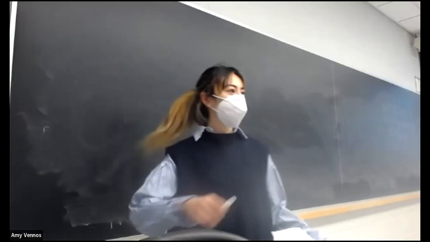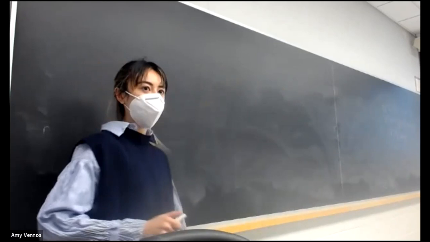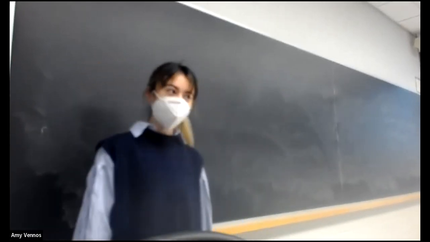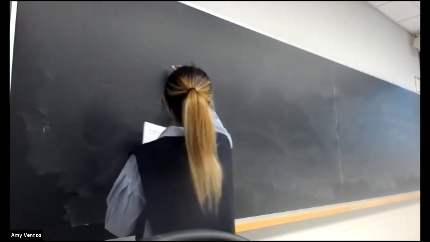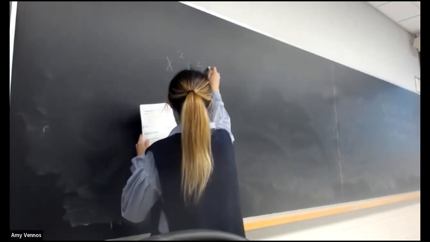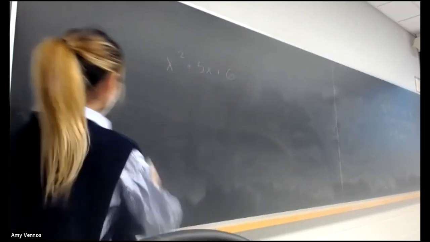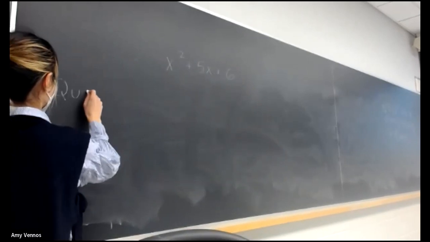What we're going to do is start with basic factoring. The easiest questions that we can get are these things called quadratic expressions. Okay. And I'm going to give an example of one. Okay. This is called a quadratic.